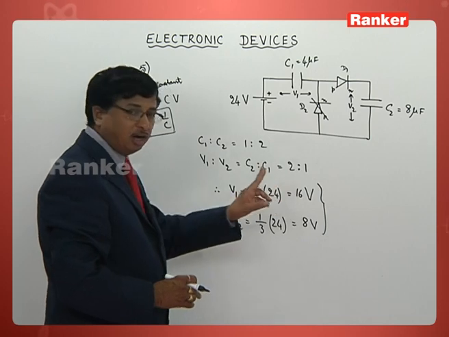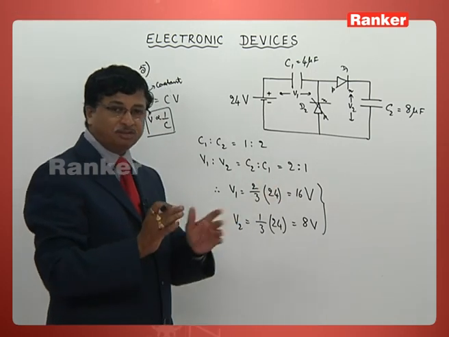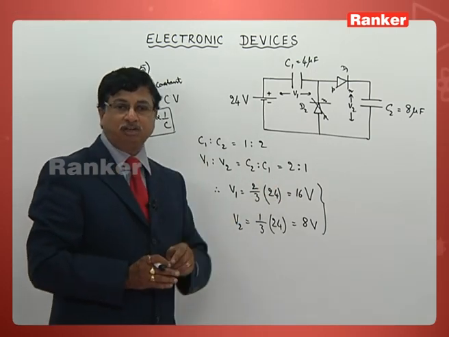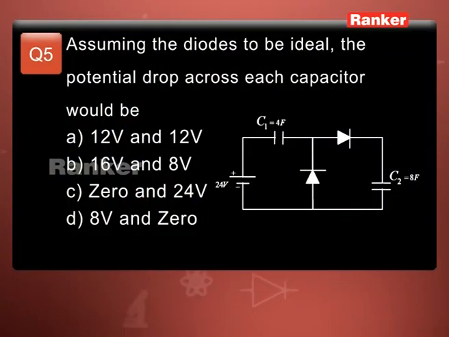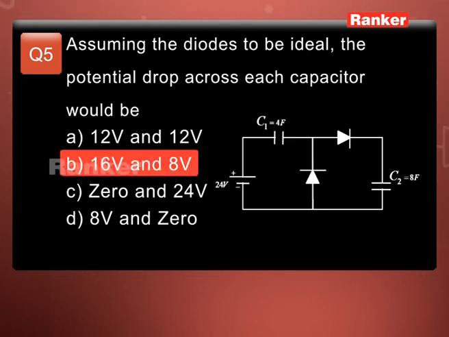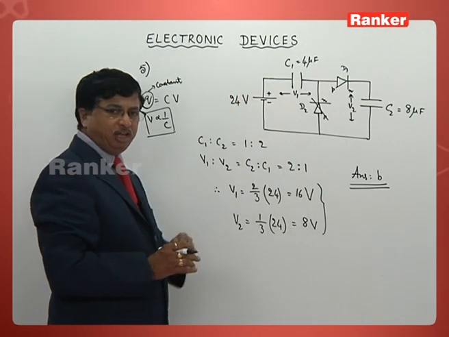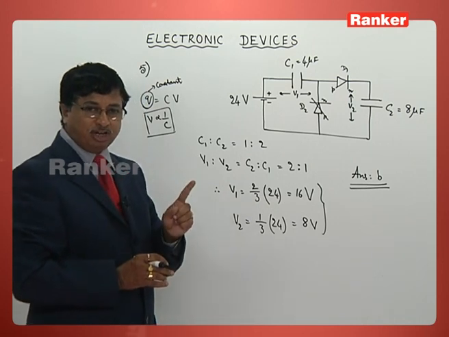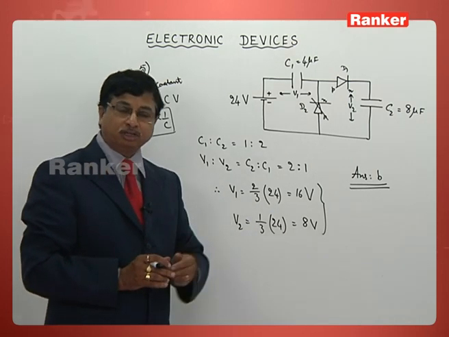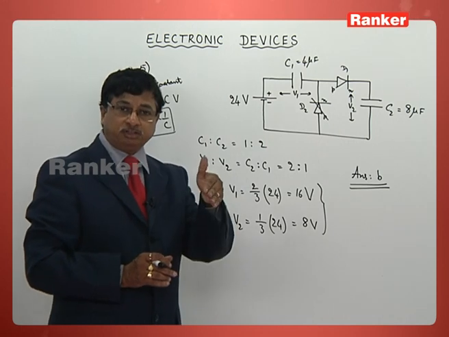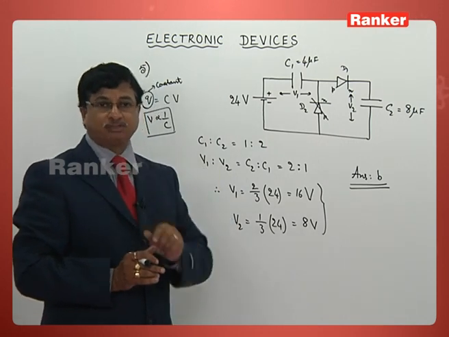So 16 and 8 must be our answer. Which option tallies with that? Look, the second option is given as 16 volt and 8 volt respectively. Therefore, we can say the answer for this one is B. That is the point we have to understand. Just identify which PN junction diode is in forward biasing and which is in reverse biasing.